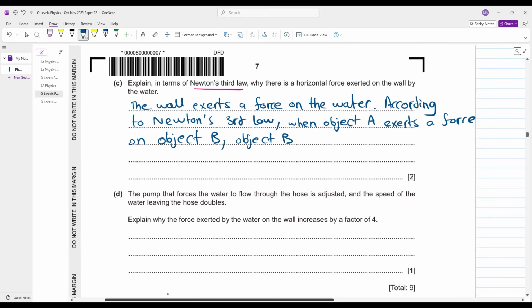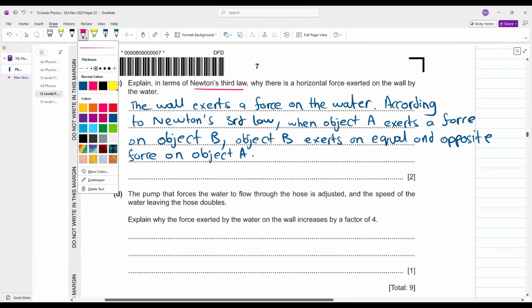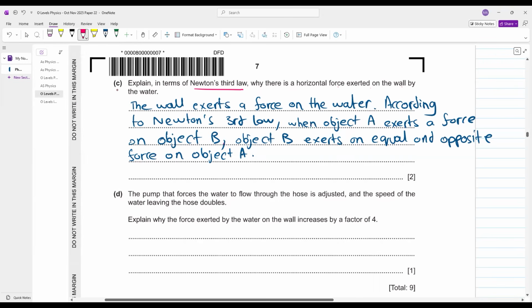Object B exerts an equal and opposite force on object A. बेटा न्यूटन थर्ड लॉ ये कहता है कि अगर एक ऑब्जेक्ट दूसरे पे फोर्स लगा रहा है तो दूसरा ऑब्जेक्ट भी फर्स्ट वाले पे फोर्स लगाएगा of an equal magnitude and in opposite direction. तो पहले आपने बता दिया the wall exerts a force on the water. According to Newton's third law, when object A exerts a force on object B, B exerts an equal and opposite force on object A. हेंस लास्ट पॉइंट क्या लिखोगे?